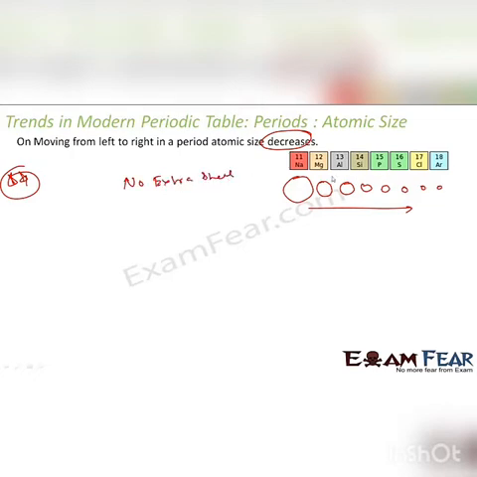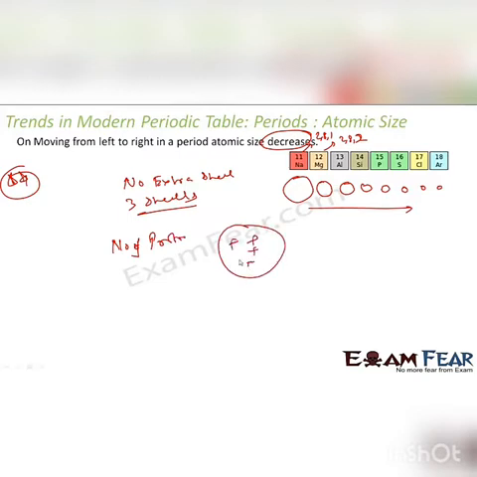Same shell. Each of these has the same shell. See the electronic configuration. This is 2,8,1, 2,8,2. So all have 3 shells.